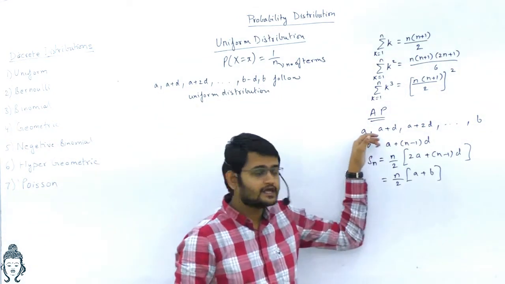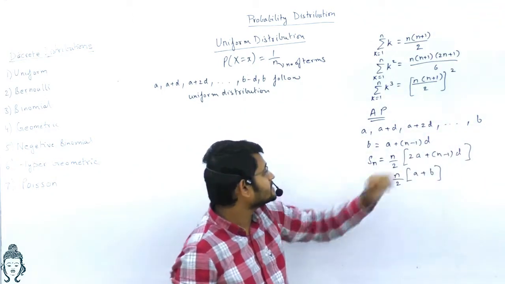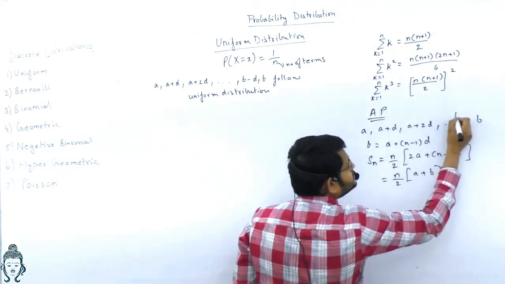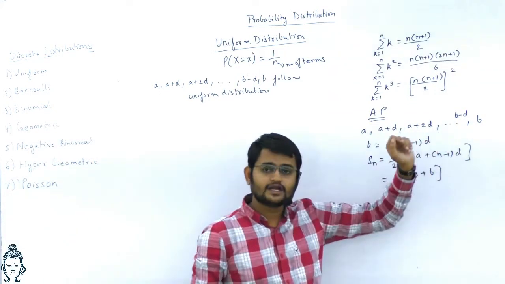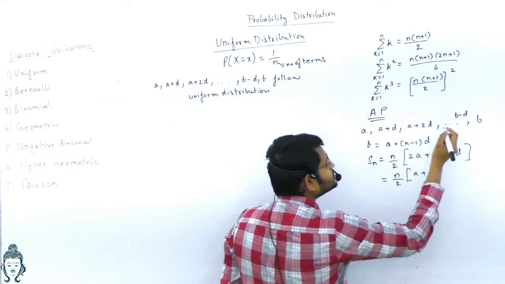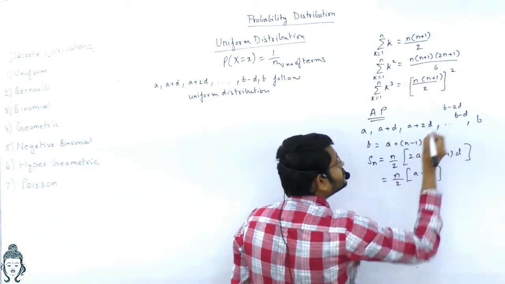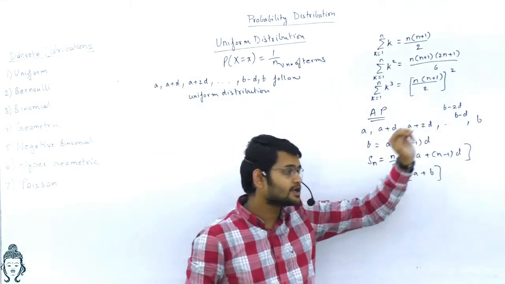First term is a, last term is b. The addition of first and the last term is a plus b. Second term is a plus d, and second last term is b minus d. The addition of second and the second last term is also a plus b. Third term is a plus 2d, and the third last term is going to be b minus 2d. So again, addition of third and the third last term is also a plus b.